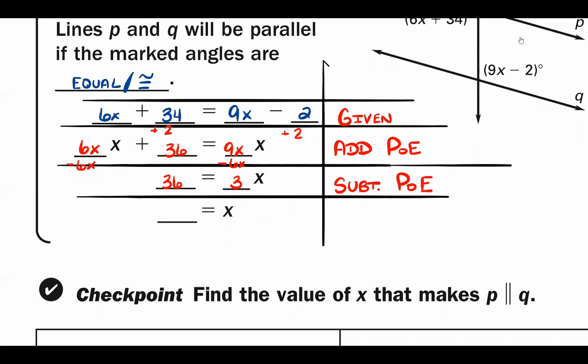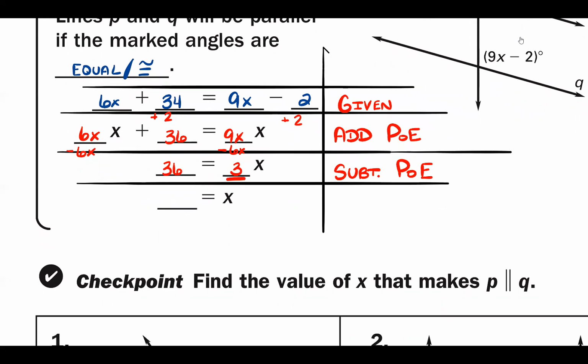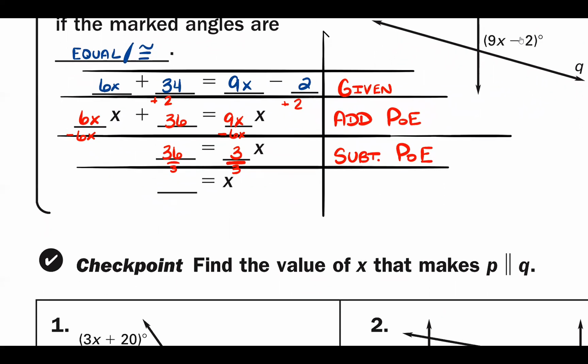Beautiful. And what's left? Divide both sides by 3. So x equals 12. So we've got our division property.